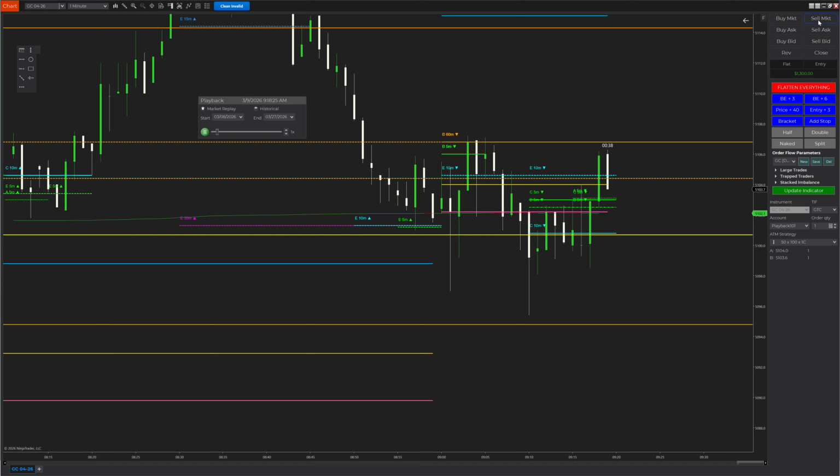Let's see what happens here. Cross a 10-minute, crossing. That's a really long entry bar. What?